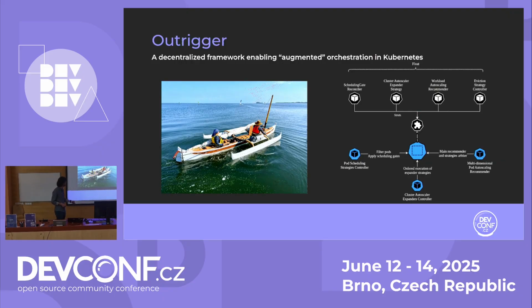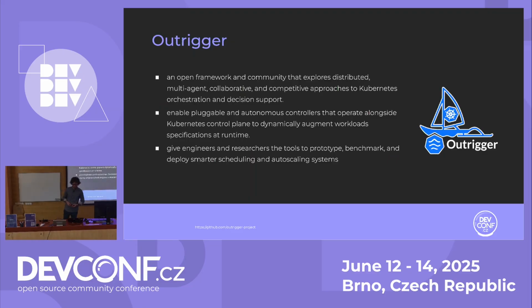So this is what we are currently working on in the Outrigger project. It wants to be an open framework and an open community that explores this problem, and that in particular wants to give engineers and researchers the tools to prototype, benchmark, and deploy smarter scheduling strategies that support scheduling in Kubernetes.